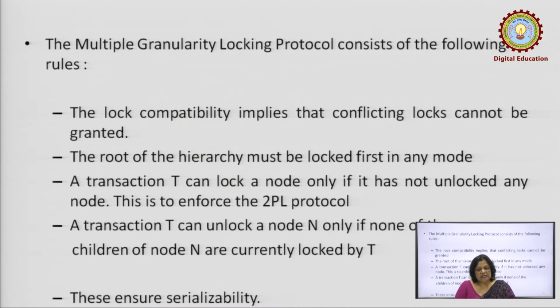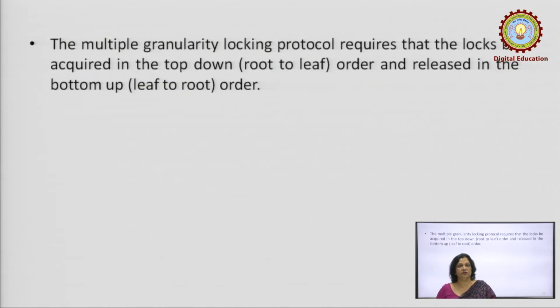A transaction T can lock a node only if it has not unlocked any of its descendant nodes, which is in accordance with the 2PL protocol, and a transaction T can unlock a node N only if none of the children nodes of N are currently locked by T. So, these rules ensure the serializability of the schedules.